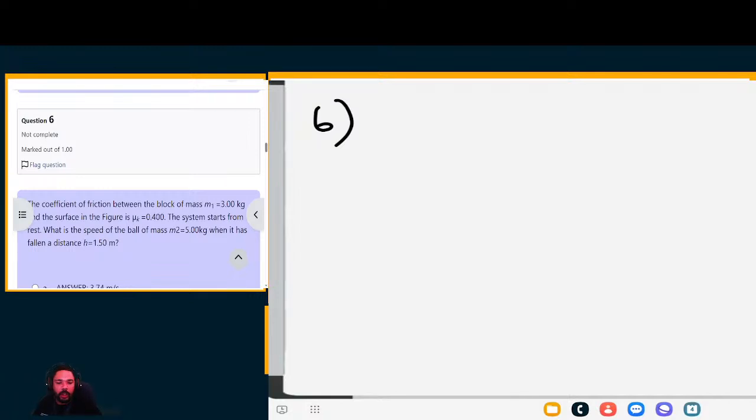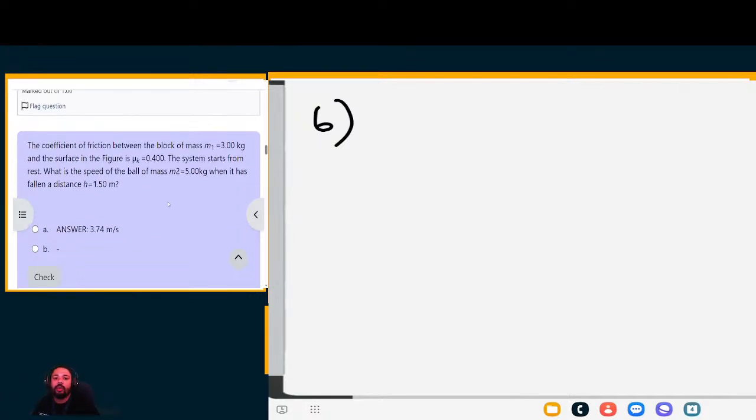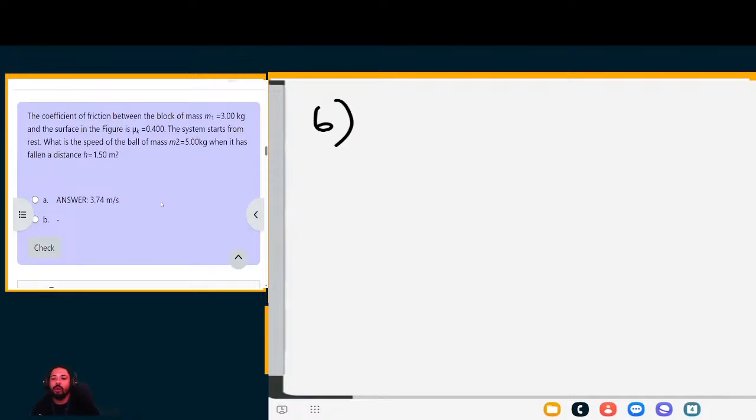So the question tells us the coefficient of friction between the block of mass M1, which weighs 3 kilograms, and the surface in the figure is mu k, the kinetic coefficient of friction, equal to 0.400.